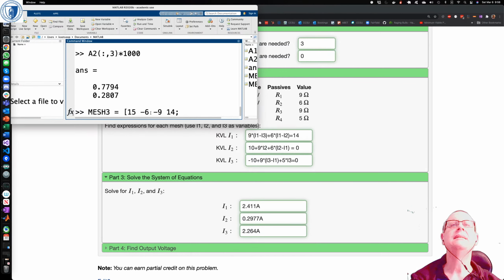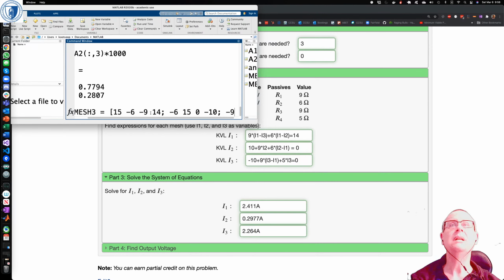And then the second is minus 6 I1, 15 I2 and no I3s, and then the 10 has to be negated because it's got to be on the other side for our equation to work, so it's minus 10. And then it's minus 9 I1 by the looks of things, and no I2, and 14 I3, and then we take the 10 over the other side, so it's positive 10.